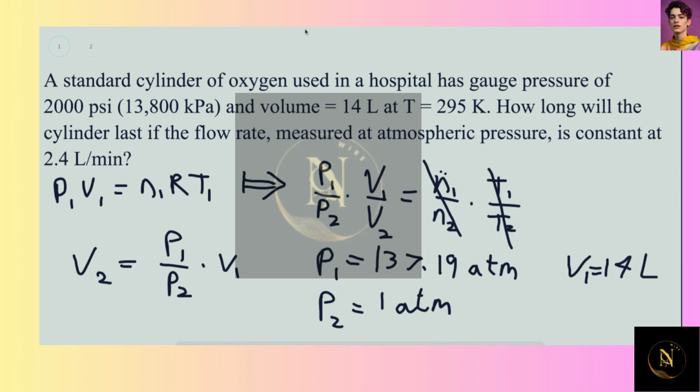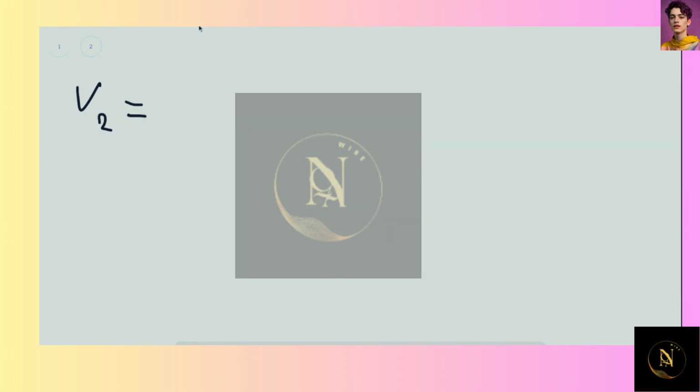So V2 is equal to 137.19 multiplied by 14, which is equal to 1920.66 liters.